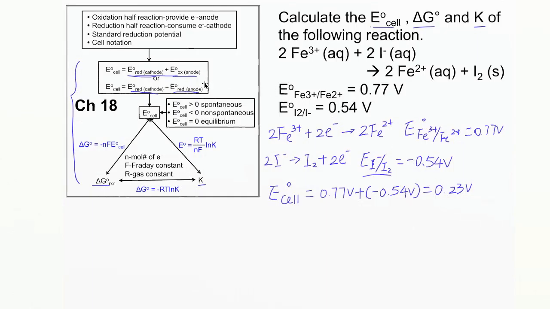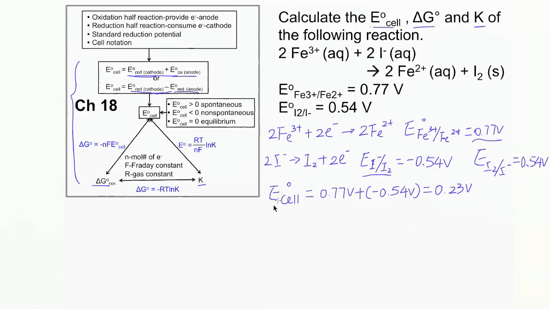Now, how about the second way? The second way to calculate the Ecell is to use the reduction potentials of both electrodes. As you can see, we got the reduction potential of Fe3+ to Fe2+. Now here, if you want to use the second way, you stay with the reduction potential of iodine, that is positive 0.54 volt.